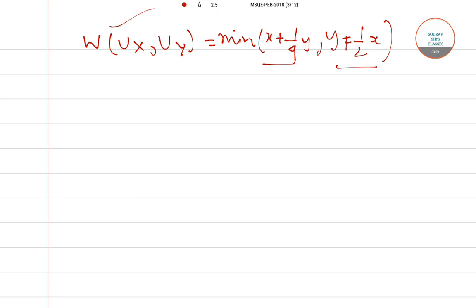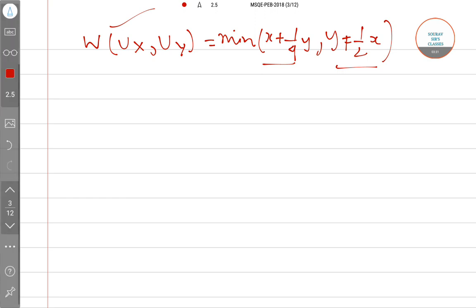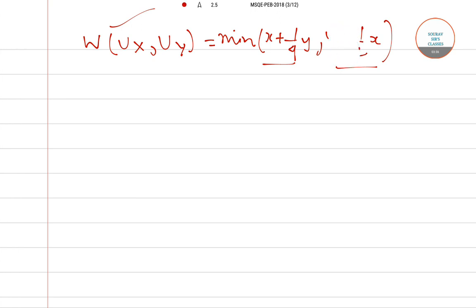So first what we'll do is we'll just simply equate this with this. So if we equate this, we can write x plus 1 by 4y equals to y plus half x.